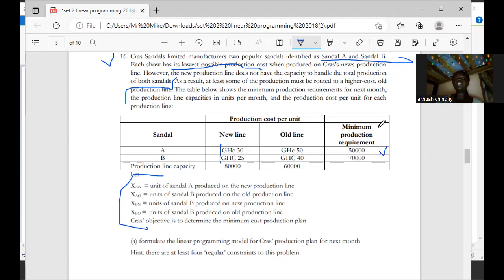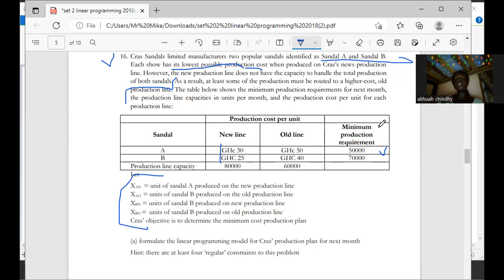When you say something is minimum, in my local dialect, it means you cannot produce less than 50,000 of Sandals A. You get it? So the least amount you can produce for Sandals A is 50,000. So you can produce 50,000 or more, right?